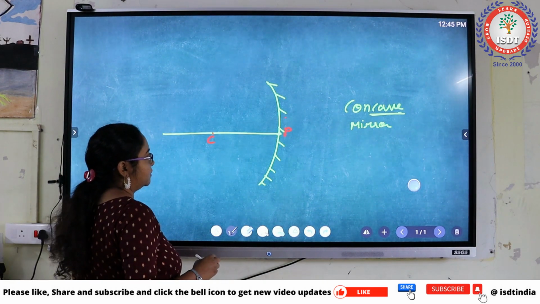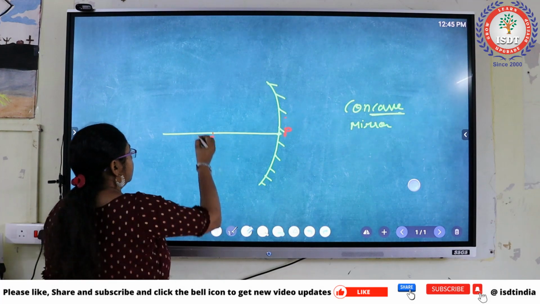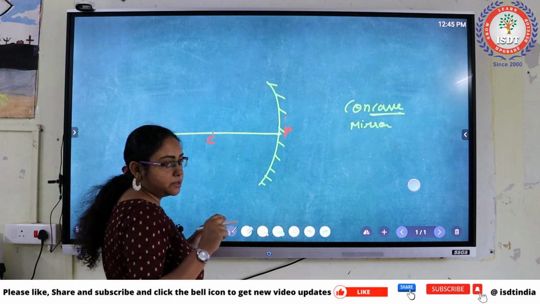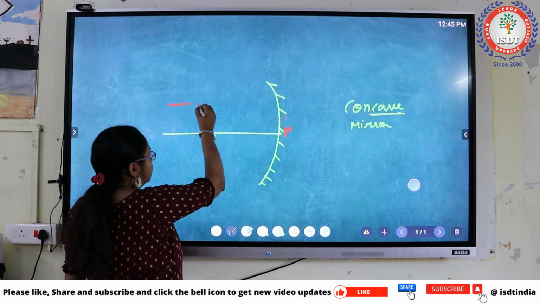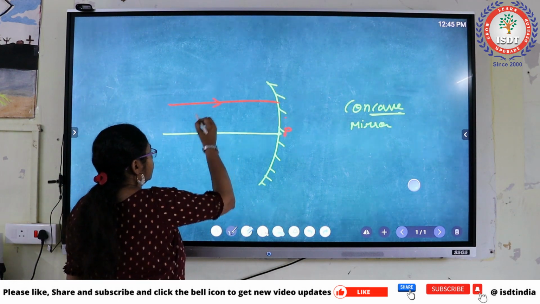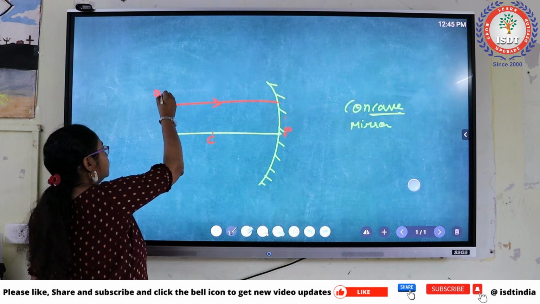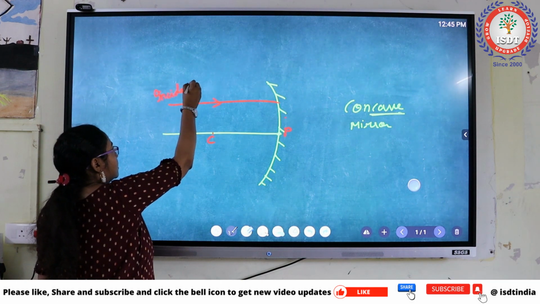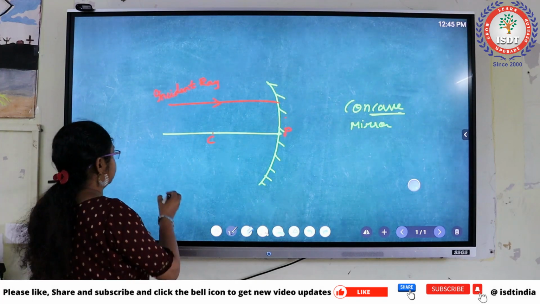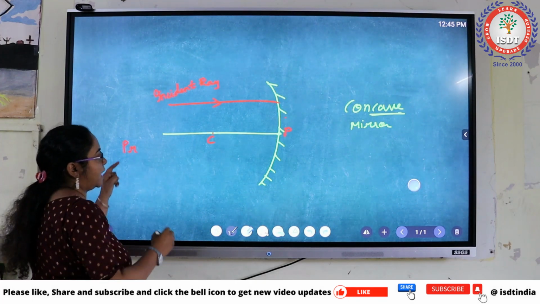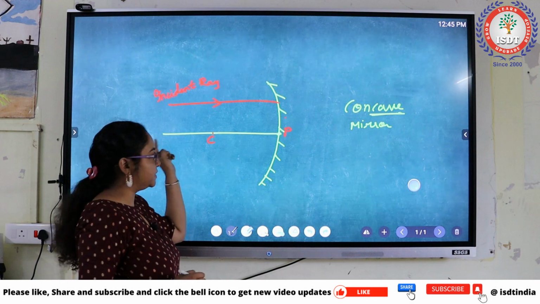Now the radius of curvature. I have told you that now I will explain what principal focus is and what focal length is. Suppose this is the incident ray, and this is the principal axis. I have already told you the line passing through the center of curvature and pole is the principal axis.